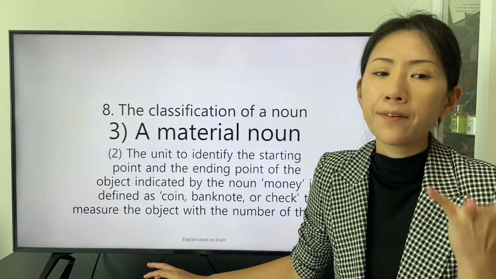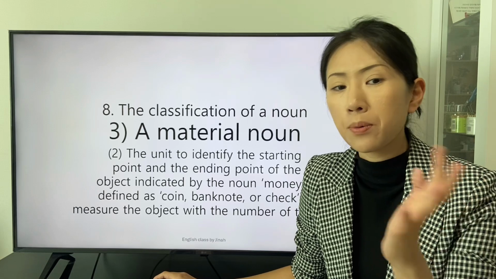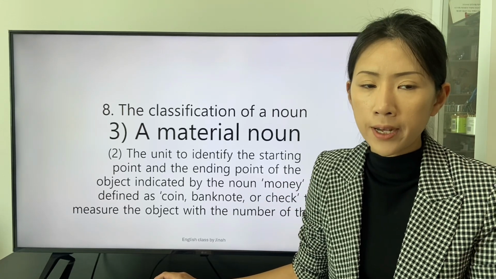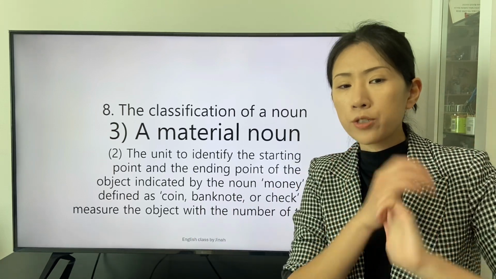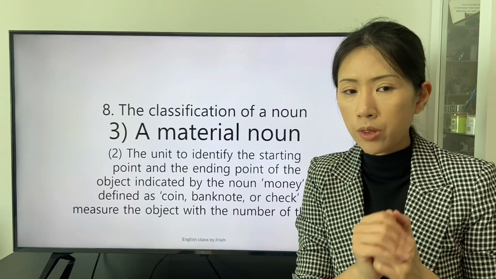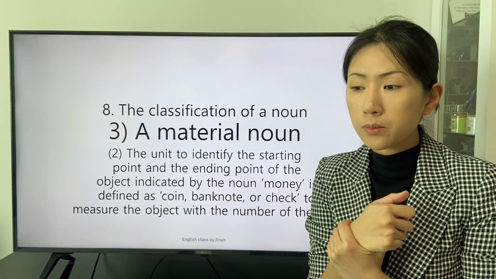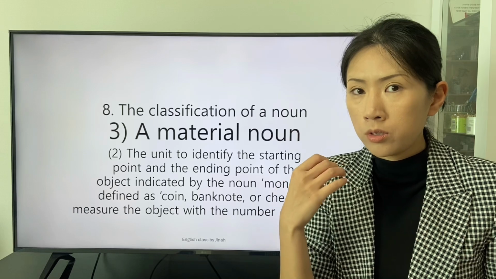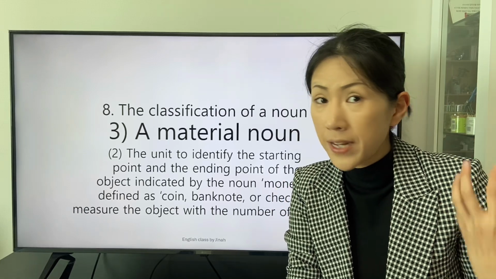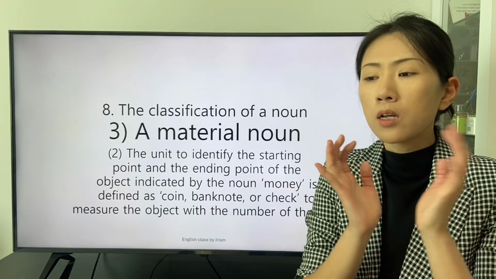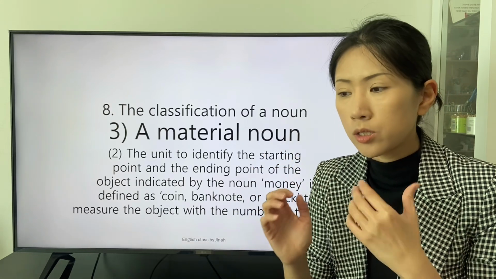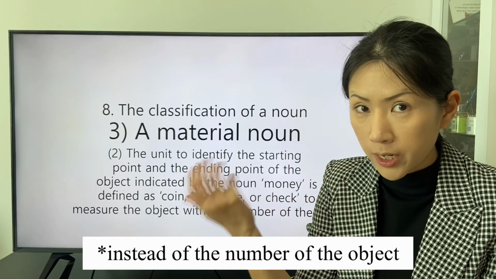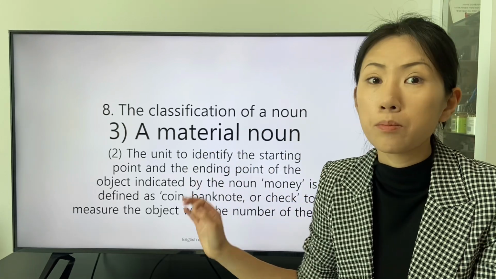The unit to identify the starting point and the ending point of the object indicated by the noun money is defined as coin, banknote, or check to measure the object with the number of the unit. The units for the noun money are physical and make us count the number of the object indicated by the noun money.